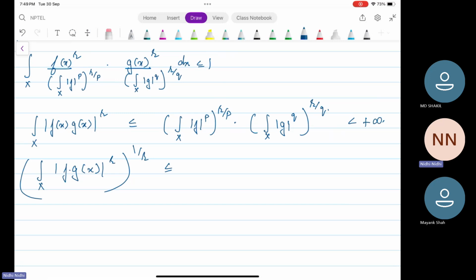Since f belongs to L^p and g belongs to L^q, this is finite. Therefore, this function f times g, which was h(x), is in L^r, and further it satisfies this inequality.